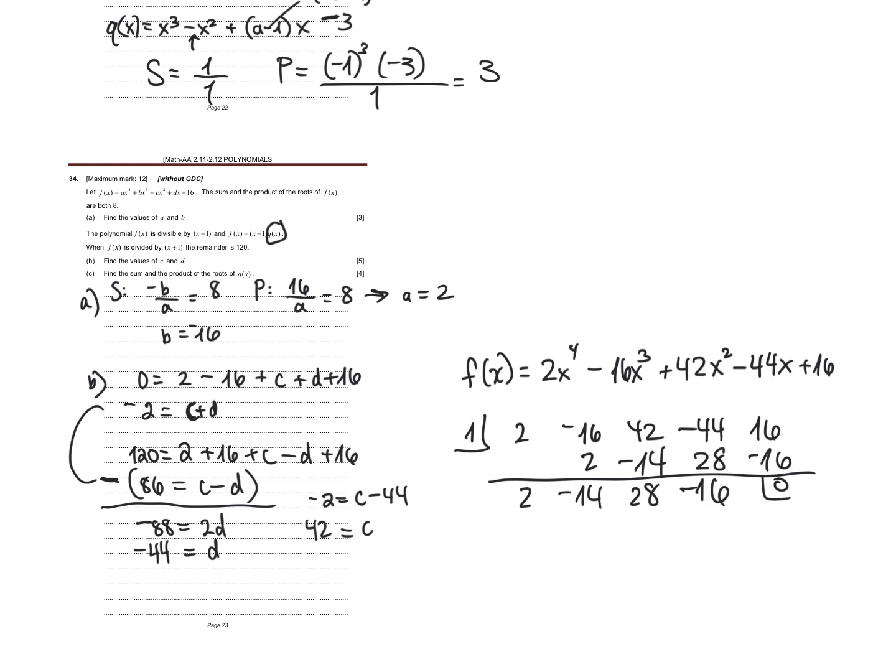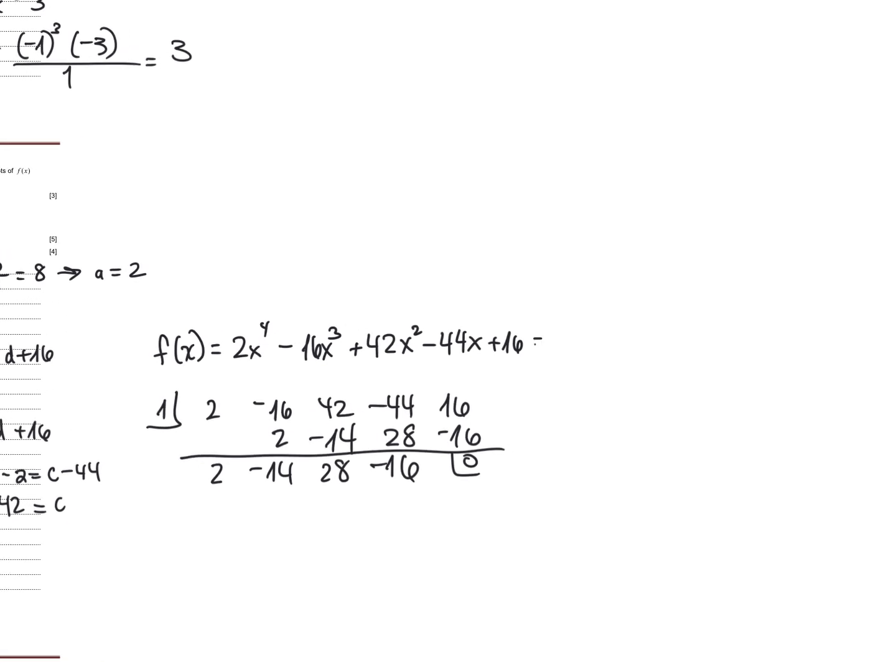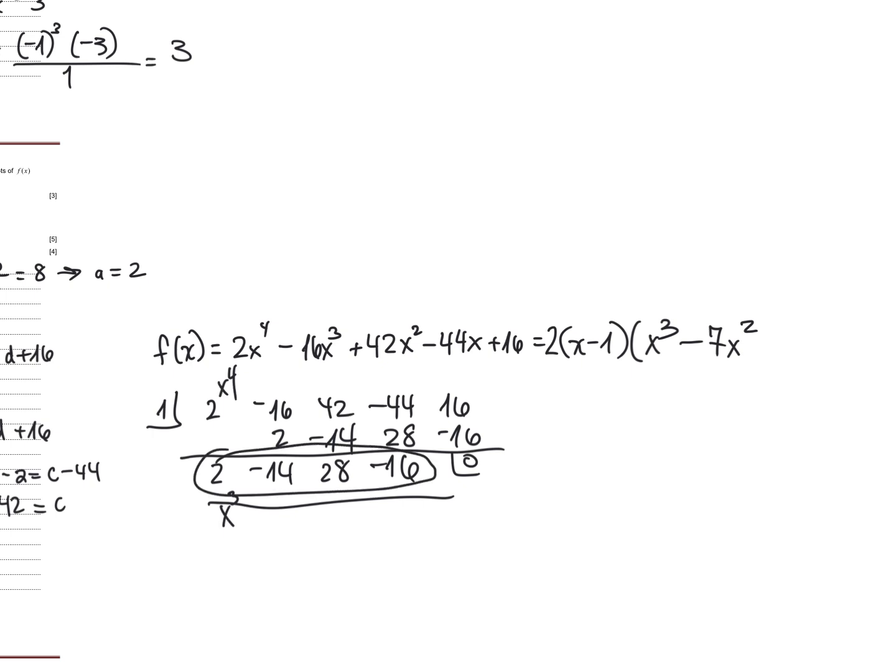Okay, so that means that this is equal to x minus 1, and I'm going to factor out a 2 of this. This was x to the 4th. This is x cubed. So we're going to have x cubed minus 7x squared plus 14x minus 8, dividing all of these by 2 because I factored it out. And this is q.